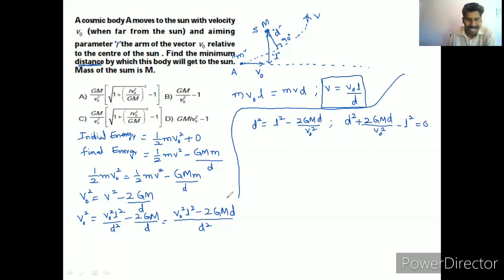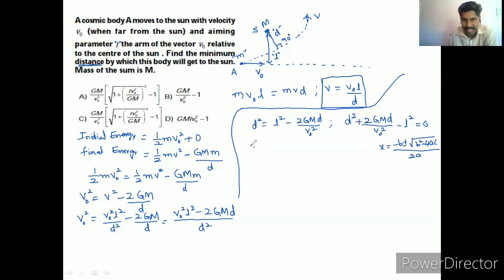By solving this quadratic equation, we know x is equal to, what is the formula, minus b plus or minus under root of b square minus 4ac, by 2a.